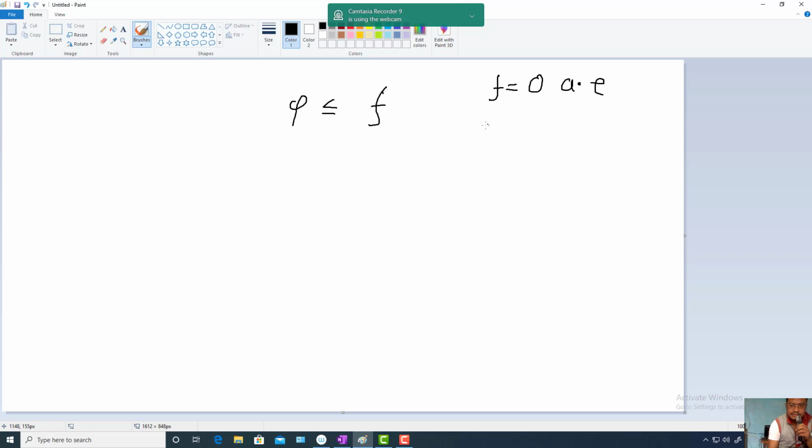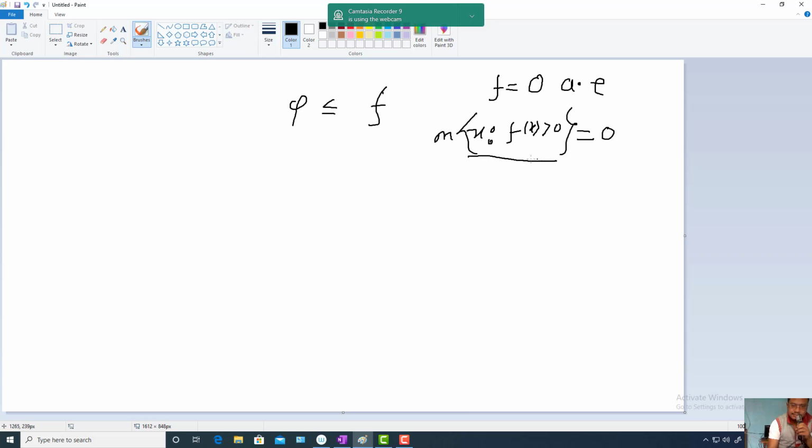Almost everywhere means the collection of points where the function is non-zero, that is, greater than 0, this set has measure equal to 0. So there may be some points where the function is not equal to 0, but the collection of all those points has measure equal to 0.